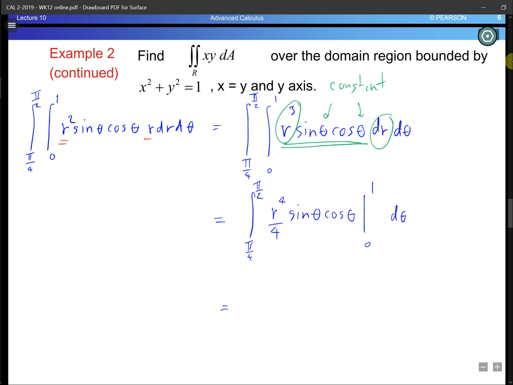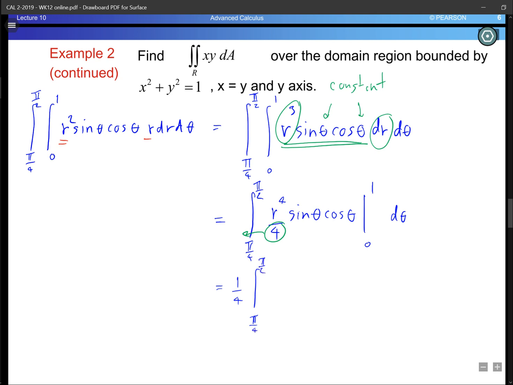Okay, I'm going to take the common terms, take the coefficient out. This 4 comes outside. This becomes 1 over 4. I need to save some space here. Okay, equal to 1 over 4, integral of pi over 4 to pi over 2.